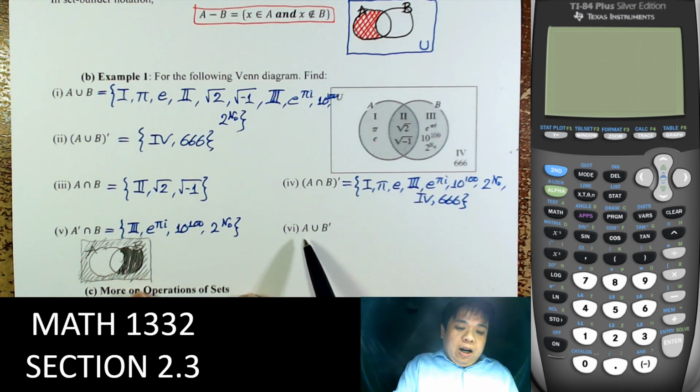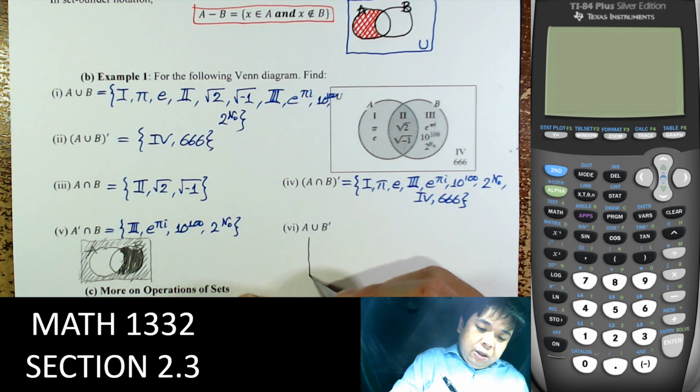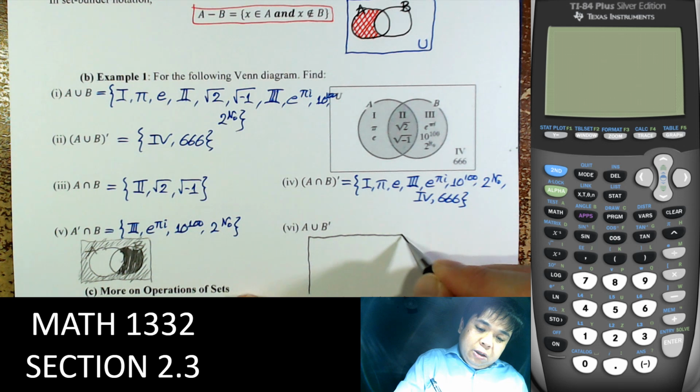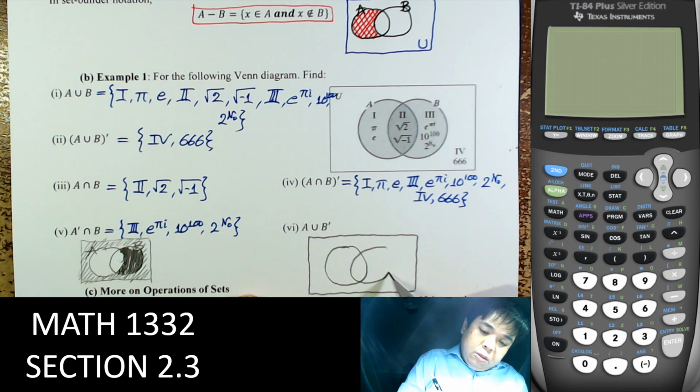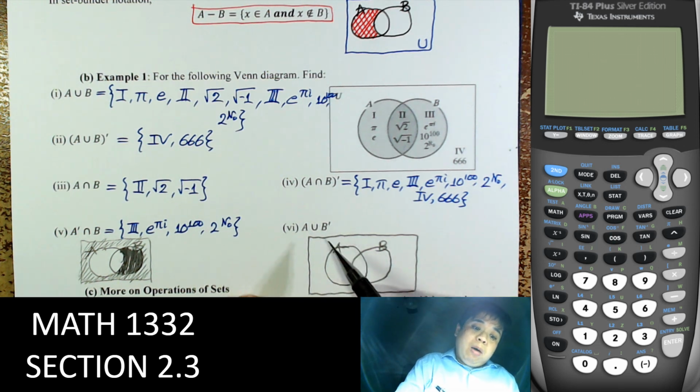And then A union with the complement of B. For this operation, we're going to do the complement first.